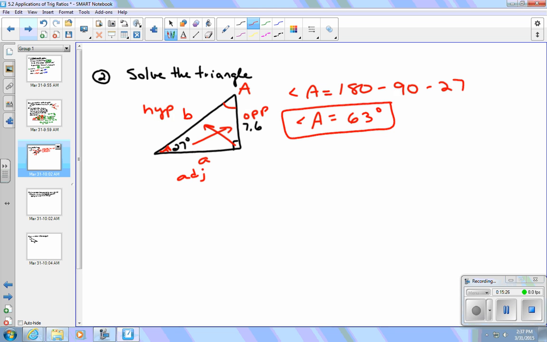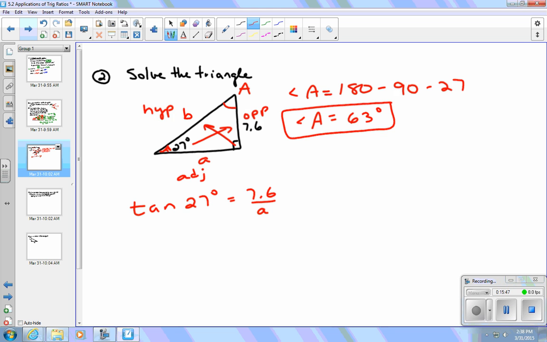Okay, so let's solve for side A first. We know the opposite, we want the adjacent. Opposite and adjacent is the tangent, so we can say that the tan of 27 degrees is equal to 7.6 over A.